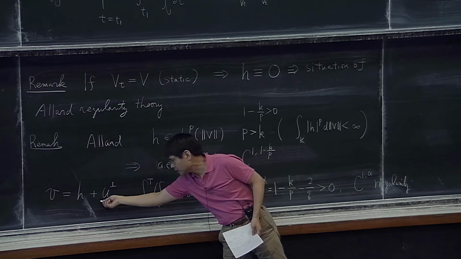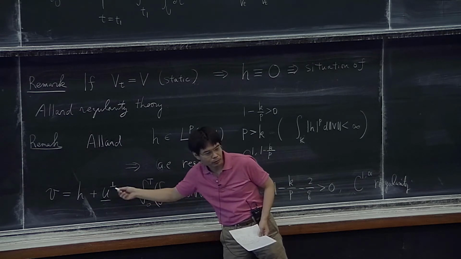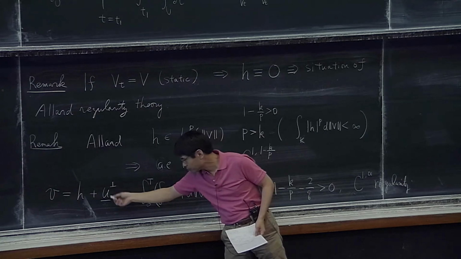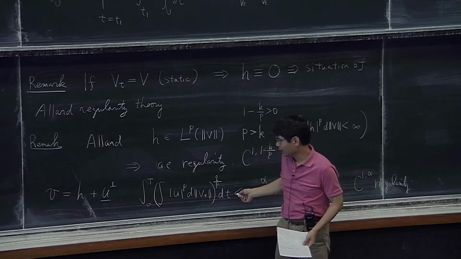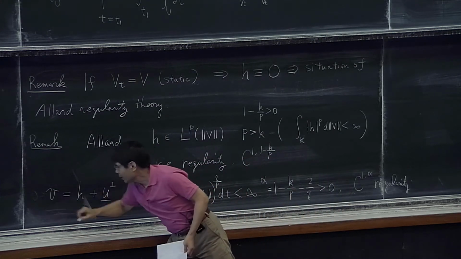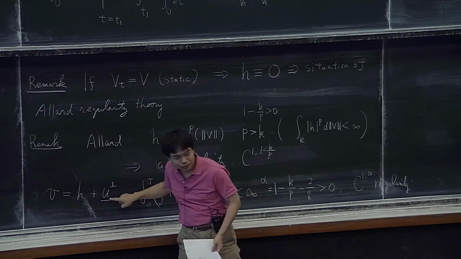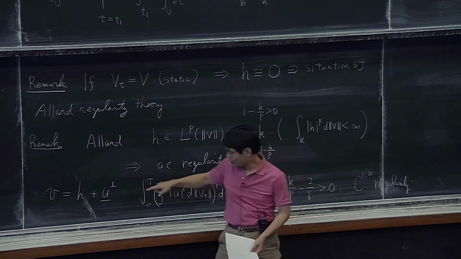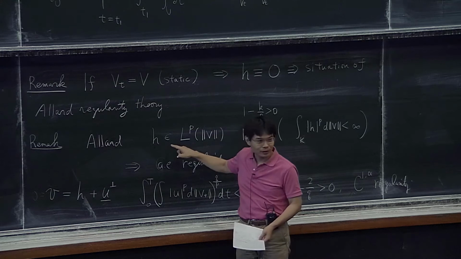What you're assuming is integrability on this extra inhomogeneous term with this kind of condition. And if it's static, that means b is equal to 0, and as a result, h is equal to minus u, and u belongs to this class. So h, as a result, becomes sort of satisfying this condition.